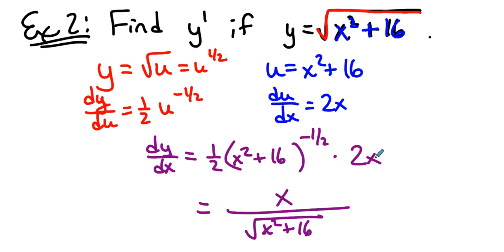But what is that here? Well, the outside layer is a 1/2 power. How do we take the derivative? 1/2 inside to the negative 1/2, and then we leave that inside piece alone for this step, and then we multiply by the derivative of the inside at the end.